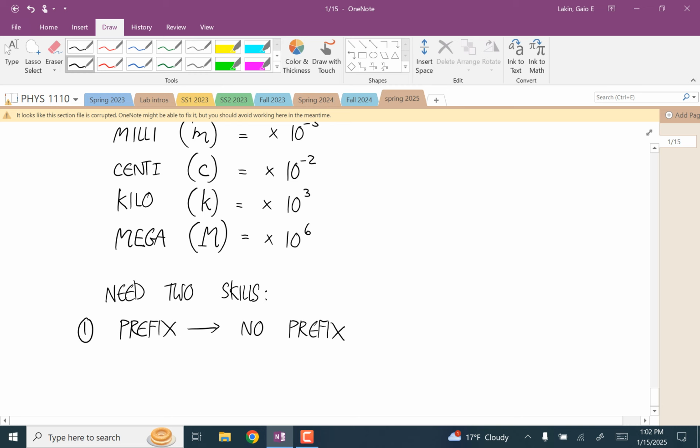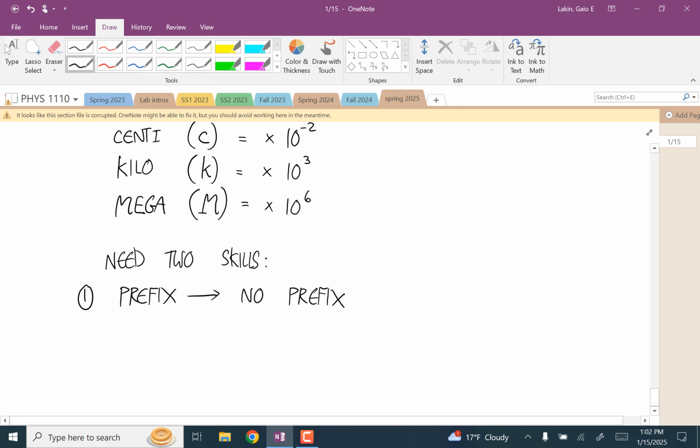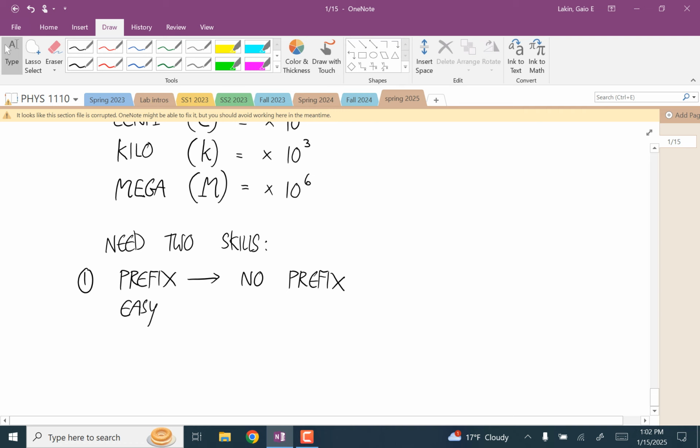And this one is immediate. The other one you have to think about for a second, but this one is just super quick and easy. All you do is replace the prefix with its mathematical meaning.